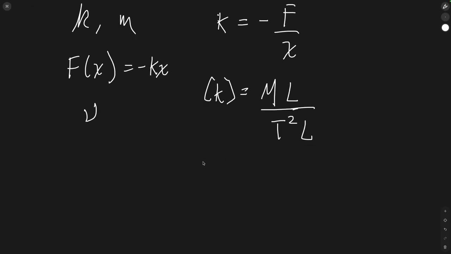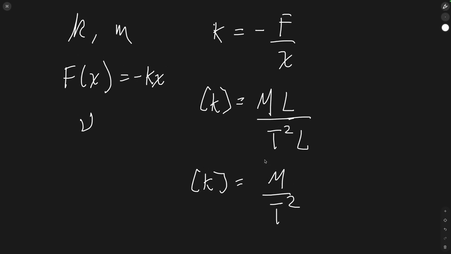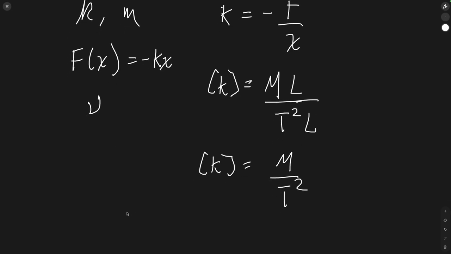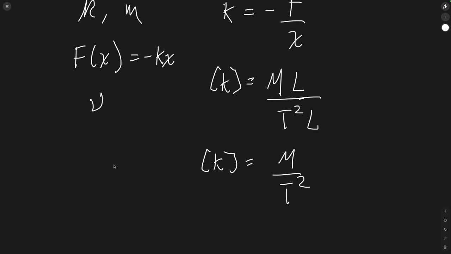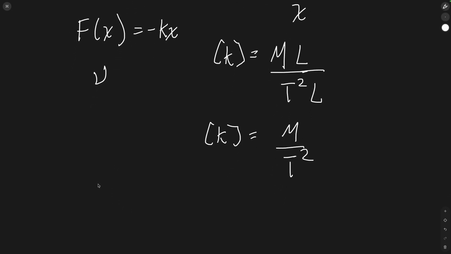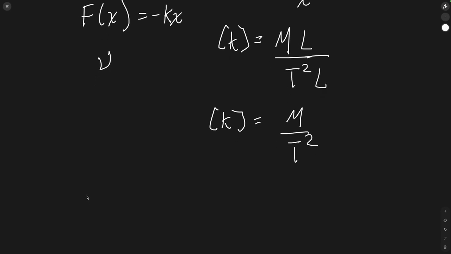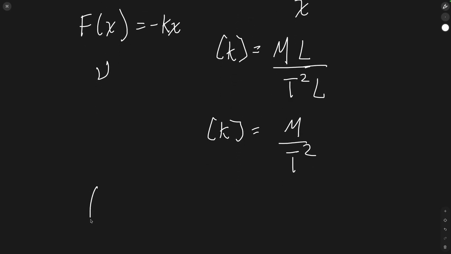So actually, k is m over t squared. Okay, so now it looks like if we want frequency, then we're going to need m over t squared to the x power.